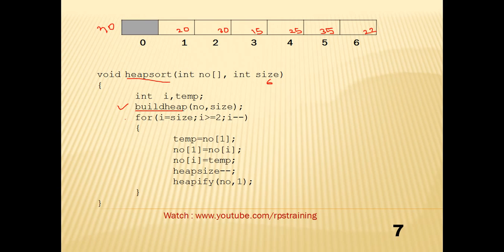Now this loop will start to sort all items. We have made the max heap, and this loop will interchange the root item with the last, and again adjust all remaining items. Again it will shift the root down to the last position, and the remaining items will be adjusted by this function. Okay.